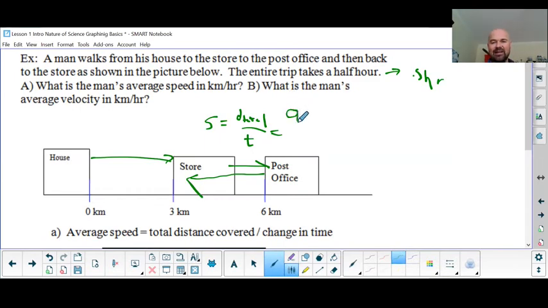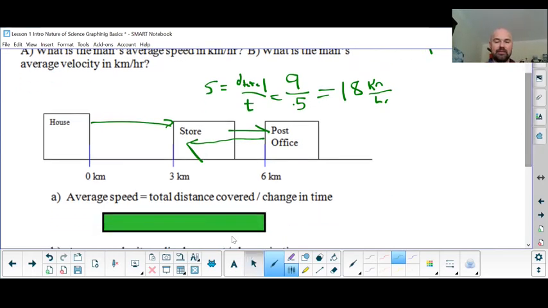So that's 9. And then we're going to divide by that time, so that's a half hour. If you divide 9 by a half, if you put that in your calculator, that's 18. So that's 18 kilometers per hour, which is faster than what a real person can do, but it's okay. We have a fast person. So total distance divided by a change in time, and that's what this is going to show here.